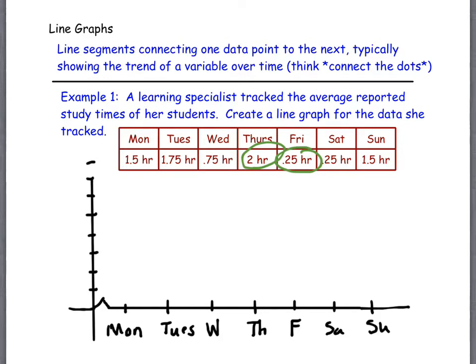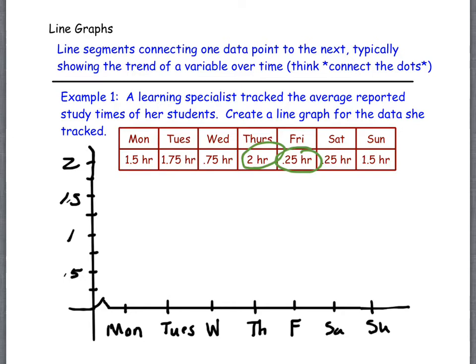Okay, so I think I've got 8 of them there, so that would actually take me up to the 2-hour mark. I know I'm going to be running into my data table itself, but that's kind of the best I can do right now. All right, so we've got something like this. I'm not going to mark every single one of these because I don't have really the space to do that, so I'm going to mark every other one. 0.5, 1, 1.5, and 2.